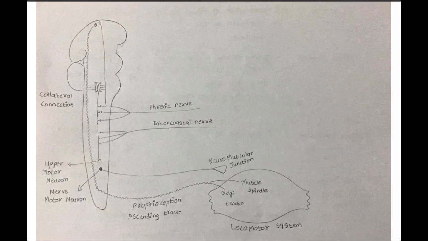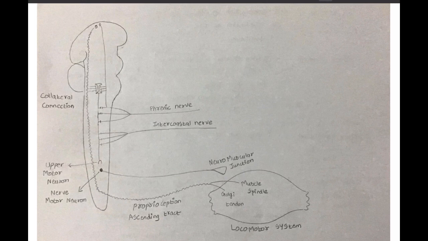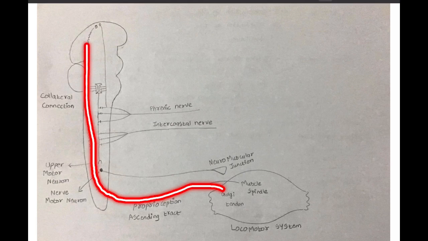So whenever there is a muscle activity, or whenever there is an activity in the body, first the signal from the corticospinal pathway will activate your respiratory center through the collateral connection, and from the proprioception receptors from the locomotor system, it will send its signal through the ascending tract in the brainstem to the corticospinal pathway to the cerebral cortex.